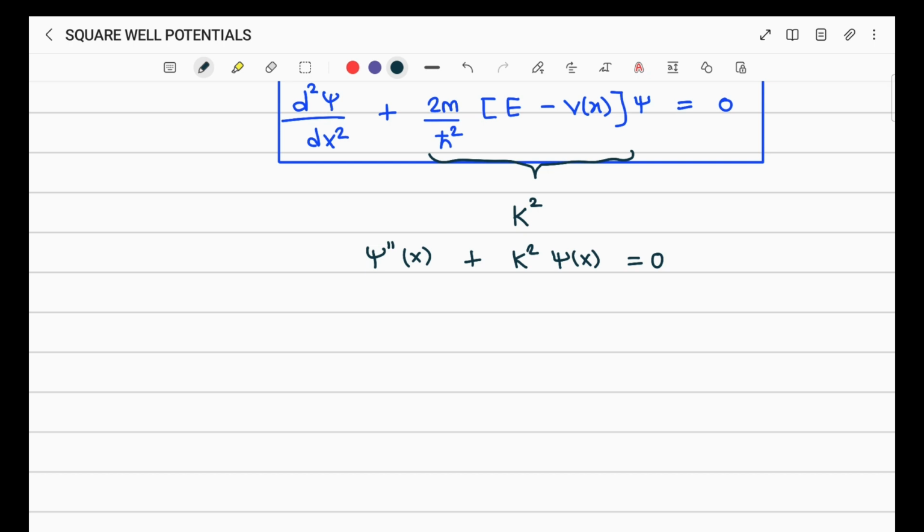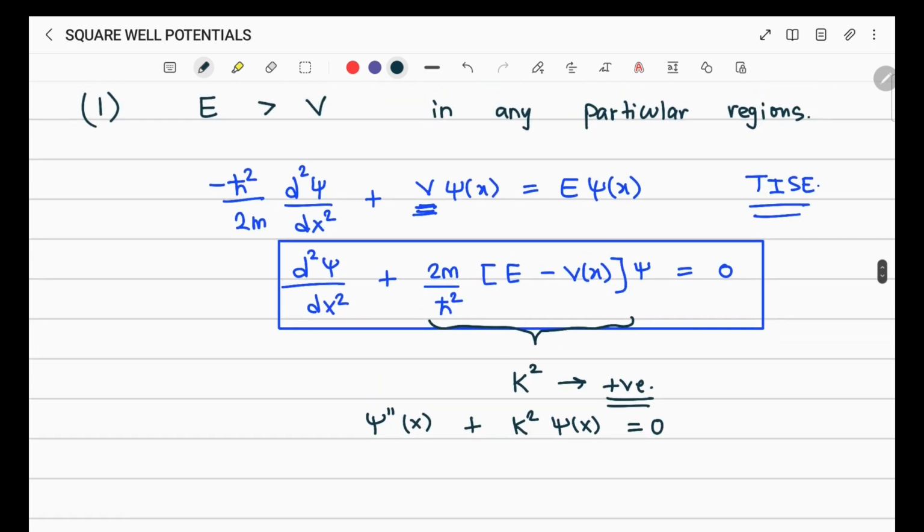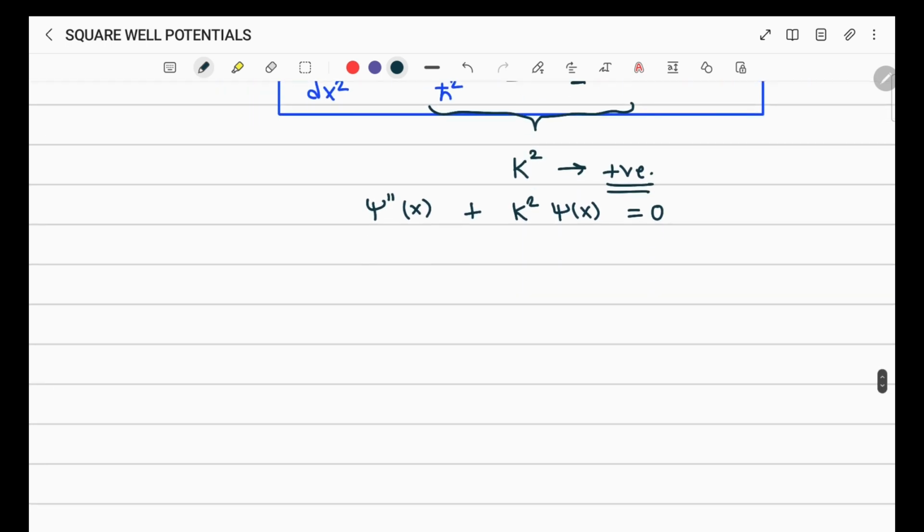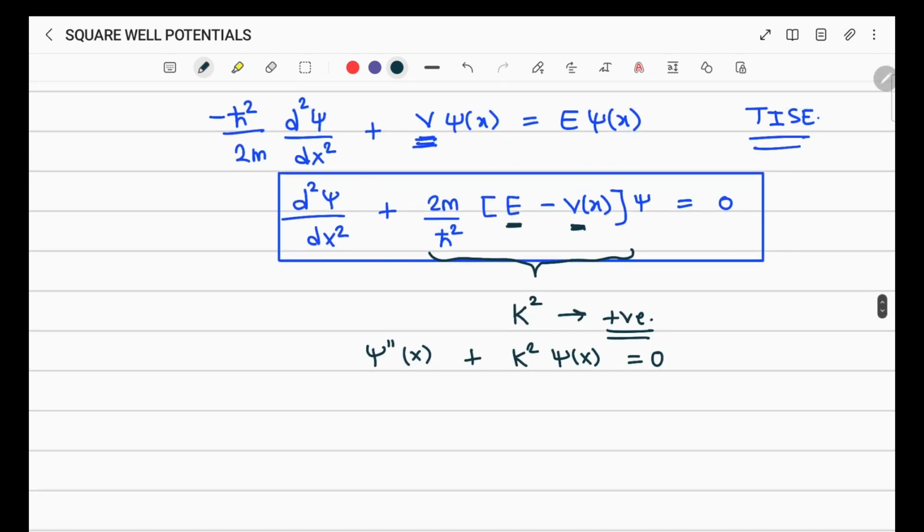Now a general discussion which I want to do is this: k square is a positive value here, because you see I took the case of energy to be greater than potential, and if energy is greater than potential, then this k square is a positive value. Therefore, if you check the dimensions, xi is not included in k square obviously.